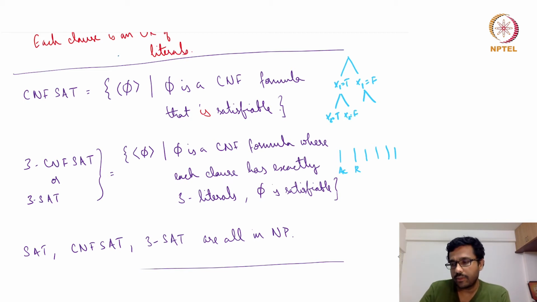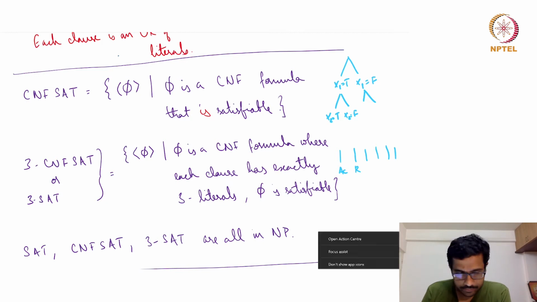And after x1's true or false status has been chosen, then you decide whether x2 has to be true or false, and so on. So when the tree, let's say there are n variables, after n levels, you would have 2 power n leaves.